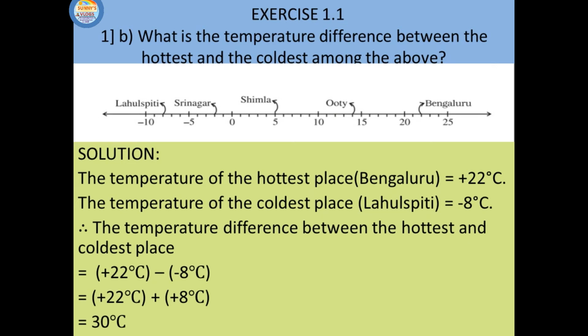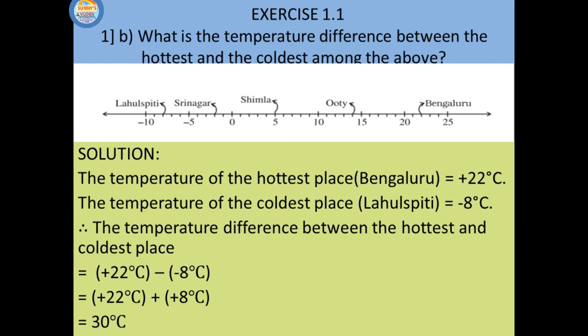So, the question is, what is the temperature difference between the hottest and the coldest among the above? To find the difference, we have to subtract. So, the temperature difference between the hottest and the coldest place is equal to plus 22 degrees Celsius minus of minus 8 degrees Celsius.